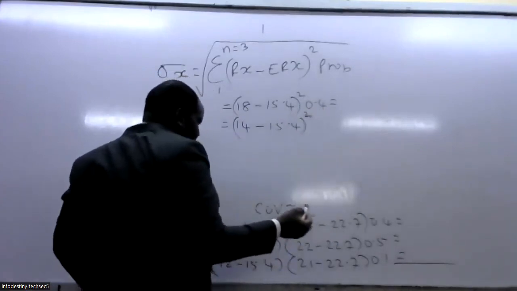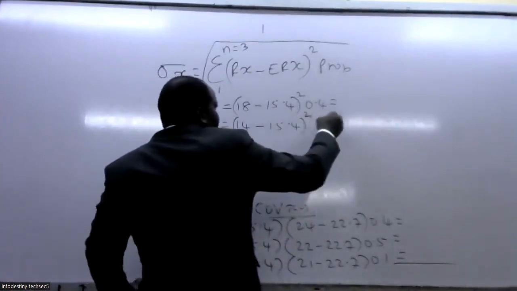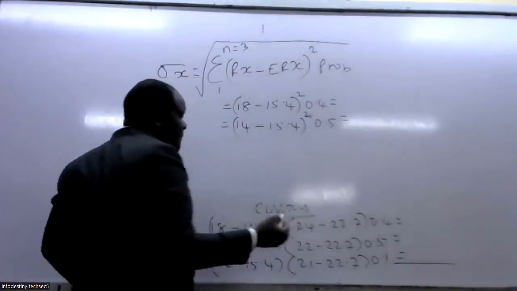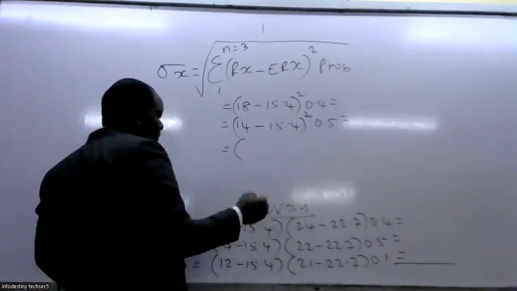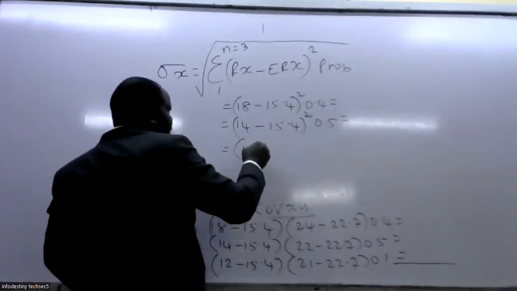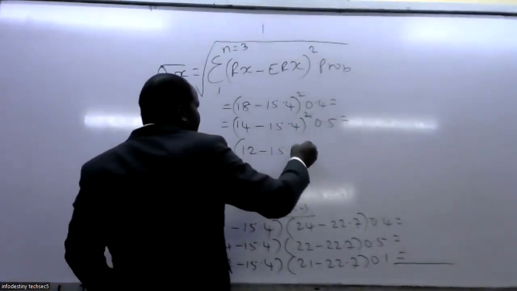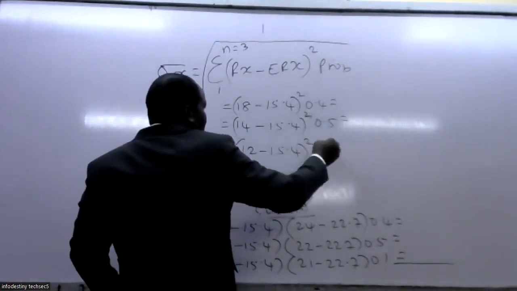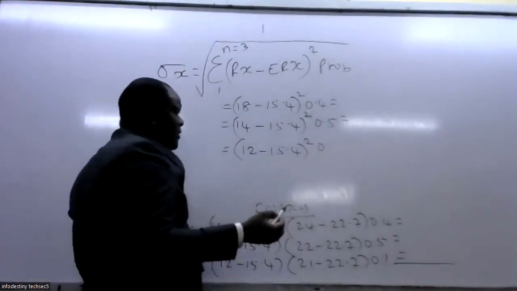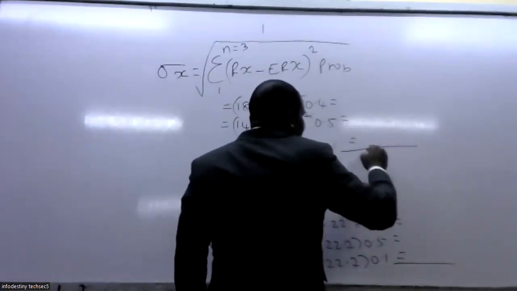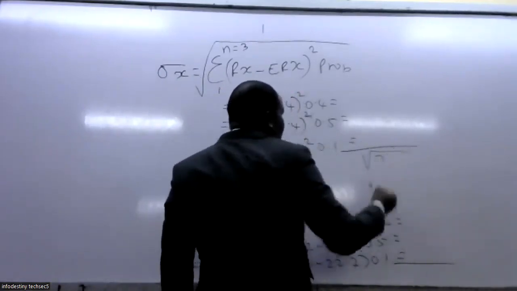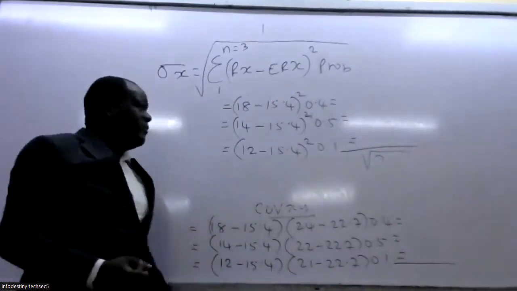The probability of it occurring was 0.5. We do the same for the third one, which is 12 minus 15.4 squared. The probability is 0.1. So get the totals, then you come up with the square root of that.